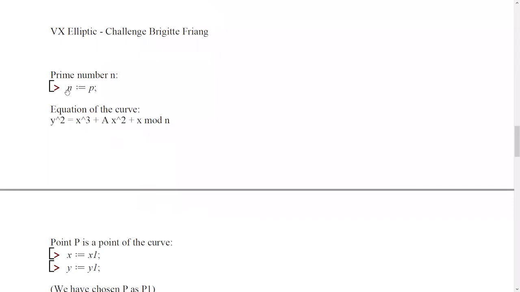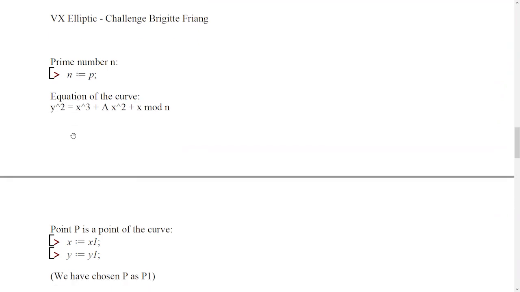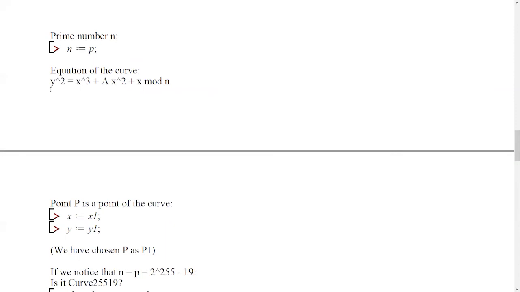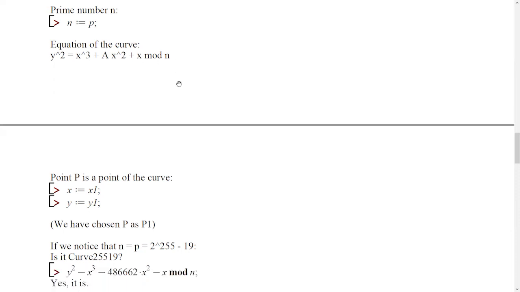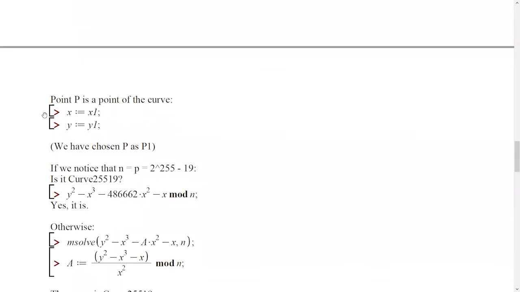In the challenge, we use n instead of p. We have n equal to p. The equation of the curve is y squared equal to x cubed plus a x squared plus x modulo n. The point P is a point of the curve, and we have chosen P as P1, so x is equal to x1 and y is equal to y1.